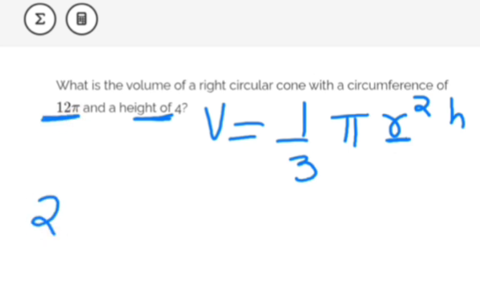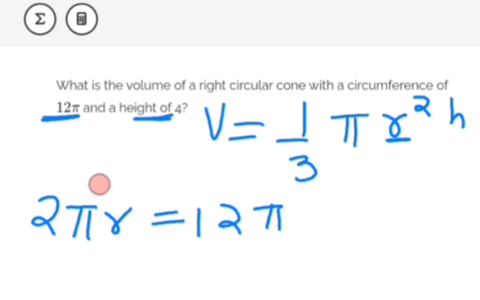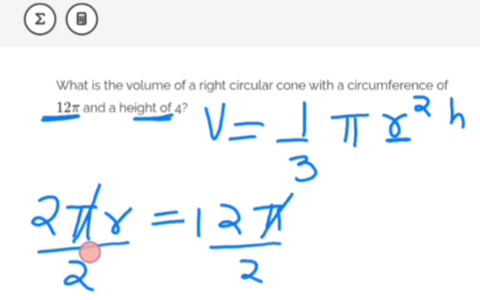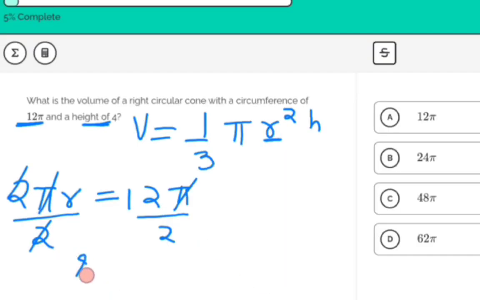The circumference of the cone's base and the circumference of a circle are just the same, right? So 2 pi r can be written as 12 pi, because that is the formula for the circumference of a circle. The pi gets cancelled, so we divide both sides by 2 to find the value of r. So the value of r comes out to be just 6.